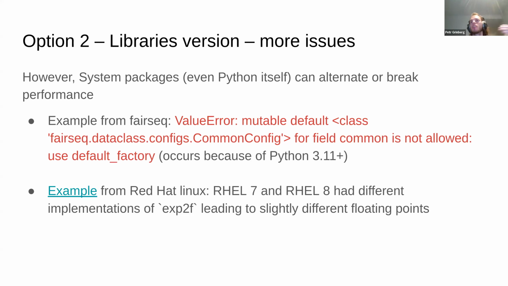And their versions can also lead to slightly different performance. For example, in Red Hat Linux, in version 7 and version 8, the implementation of exponential 2f led to slightly different floating point results. That would also alter the outputs of your model a bit.